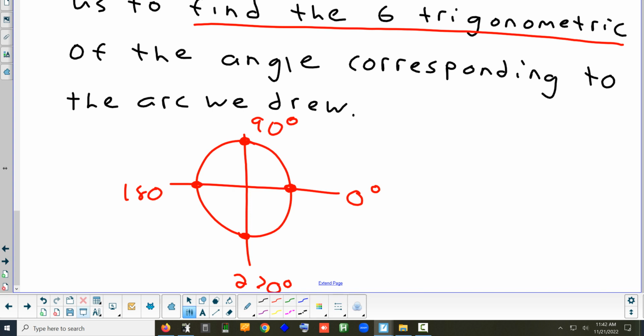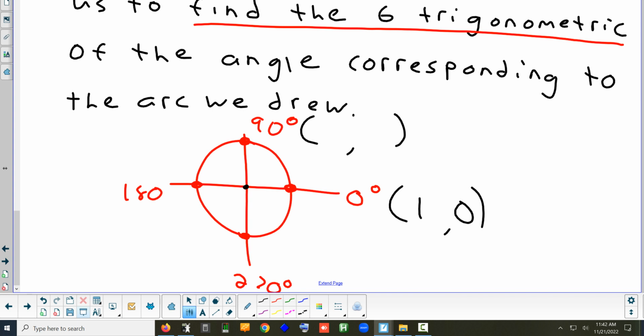Now, what's the size of the circle again? 1. So to get to 0, that's 0, 0. That's not on the circle. That's in the middle. What do you think the coordinate would be for 0 degrees? 1, 0. X value 1, y value 0.